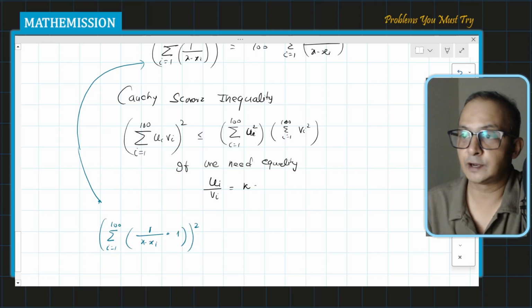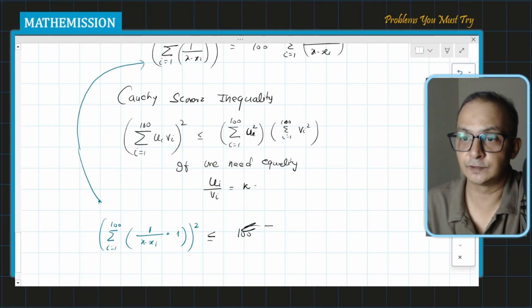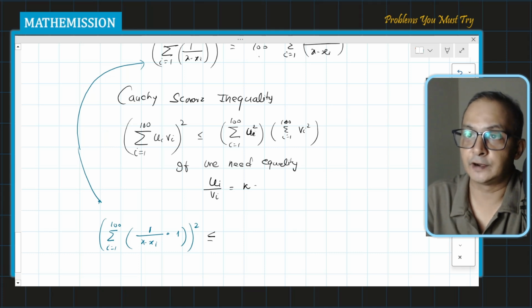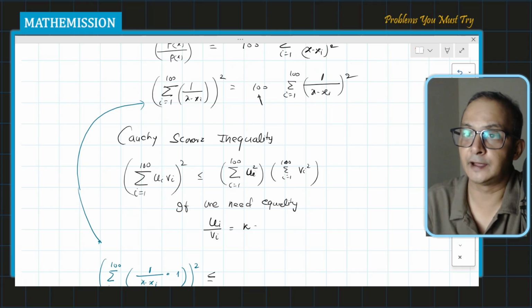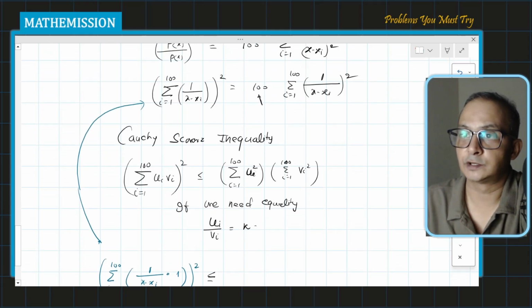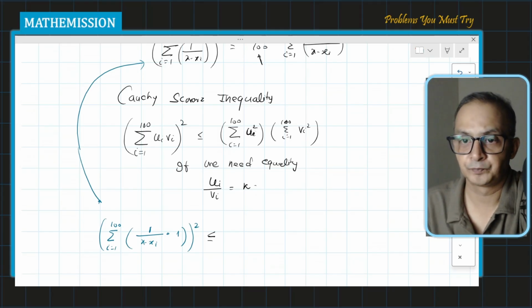So in that way, in this inequality, I get 100 on the right side.